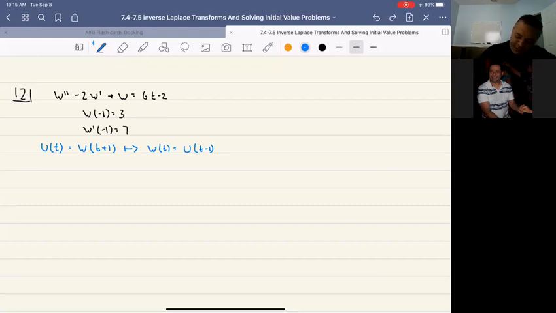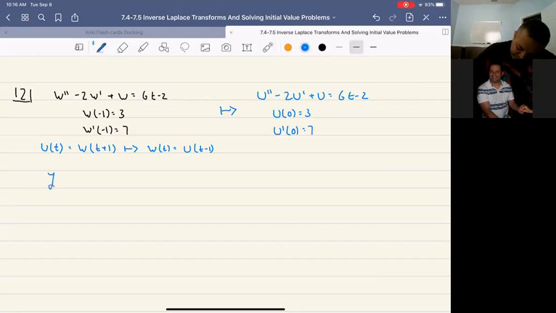All that's going to make this equation be is u double prime minus 2u prime plus u equals 6t minus 2, u of 0 equals 3, u prime of 0 equals 7. And then we're just going to run it through our Laplace transform.